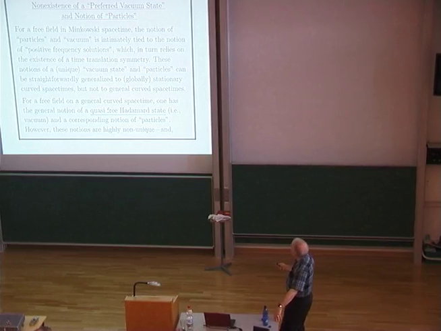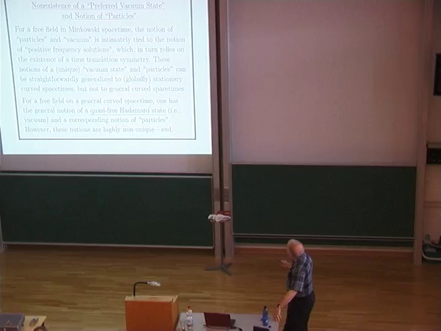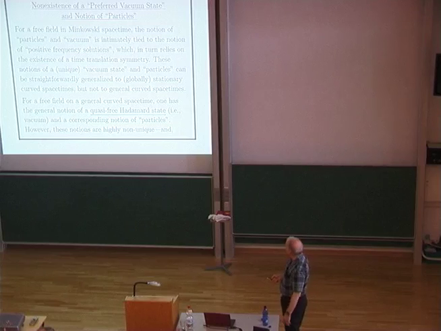But there are lots of quasi-free states. And one has the notion of a Hadamard state, for which the singularity of the two-point function of the field, as the points come together, is like that in flat space-time.